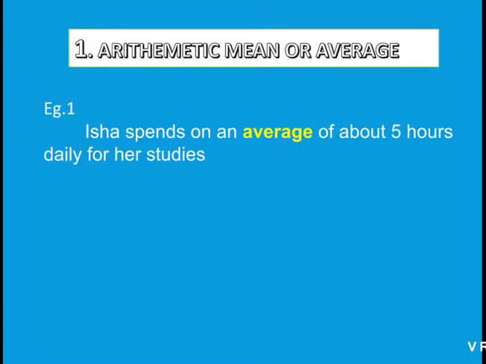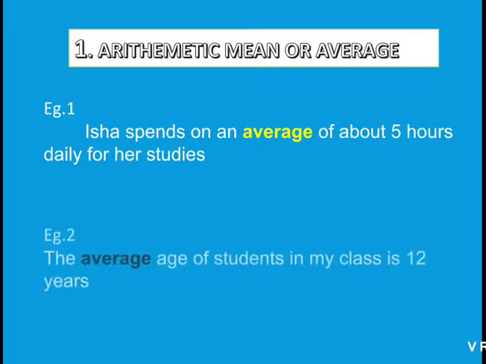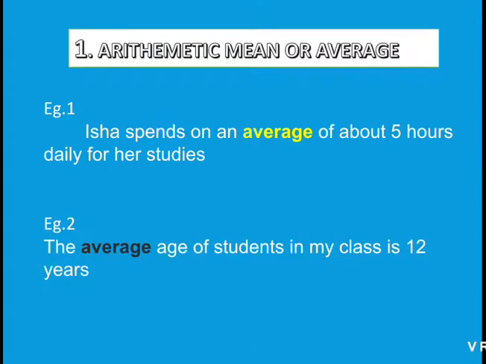One example is Isha spends on an average about 5 hours daily for her studies. This is the use of an average in our daily life. Another example is the average age of students in my class is 12 years.